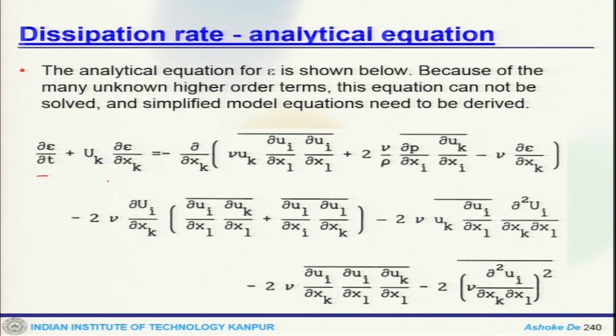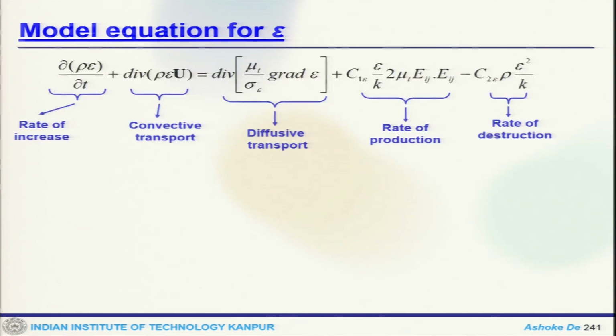This is your unsteady term, this is convection, you have production, so many terms are involved here. That is why simple equations are used instead. So, the model equation which is usually solved has the unsteady term, the convective transport, the diffusive transport, production and destruction. So, this is the simplified version.